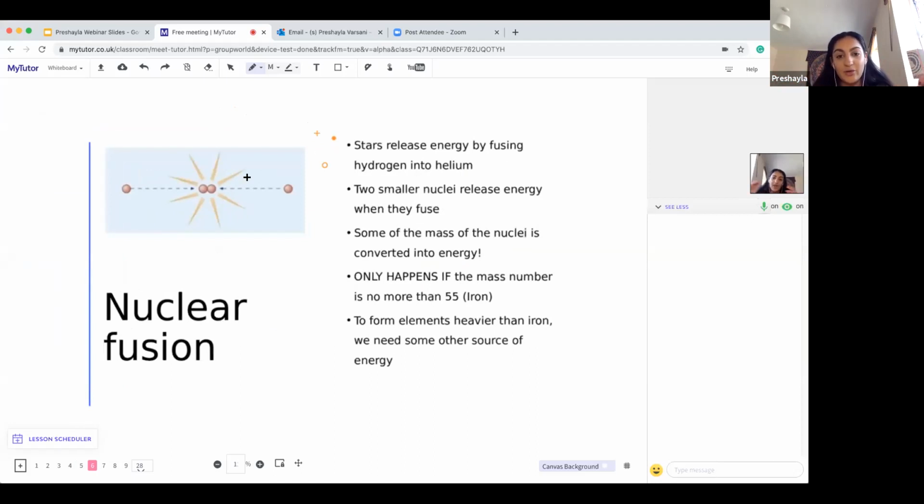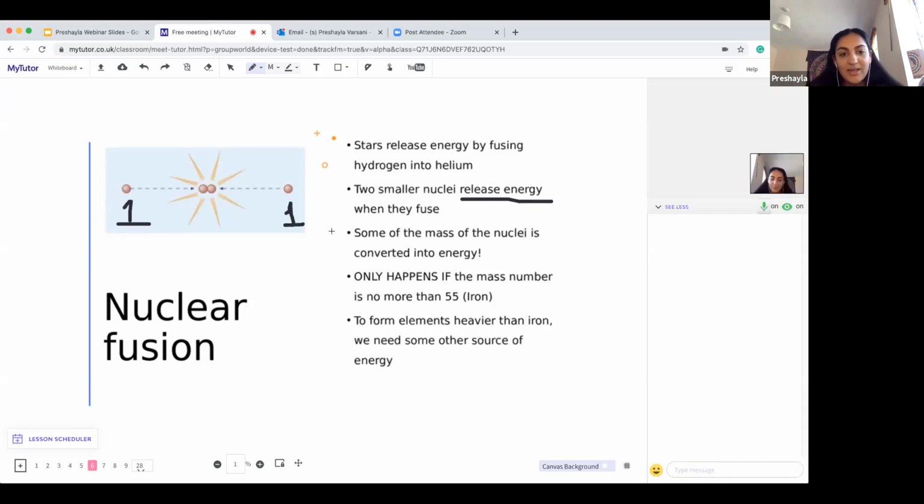And those two smaller nuclei, when they fuse, release some amount of energy. Now, one really interesting fact about nuclear fusion is that when the nuclei fuse together, some of the mass of those nuclei gets converted into energy. So let's say the mass of this nucleus is 1. The mass of this nucleus is 1. Just random numbers, they don't really mean anything.